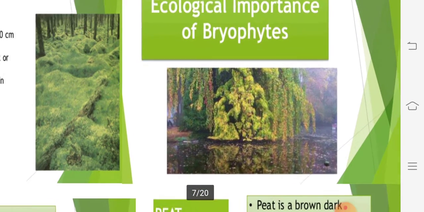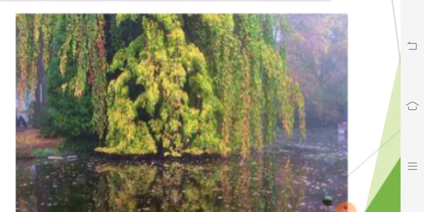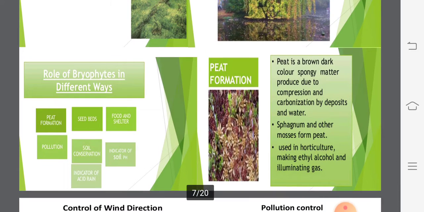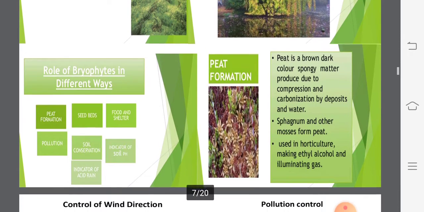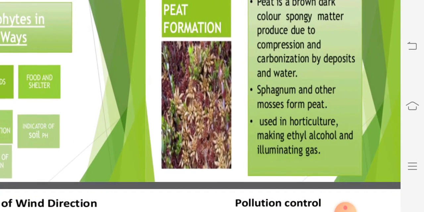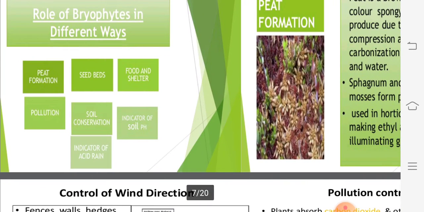So here you are observing a certain patch with abundant water content and these characters. Peat is a brown-dark colored spongy material produced due to the compression and carbonization of deposits and water. The word peat is generally used for sphagnum. So sphagnum is the main character.